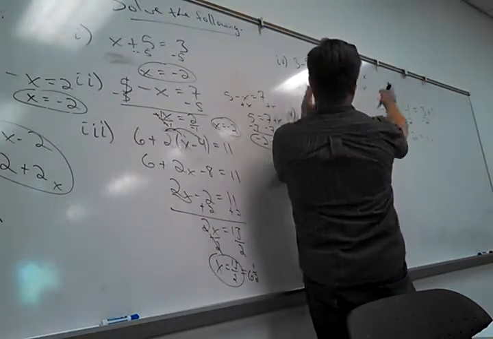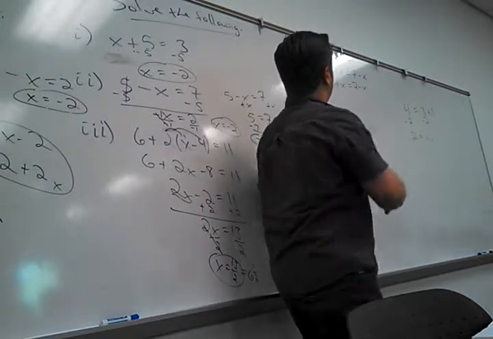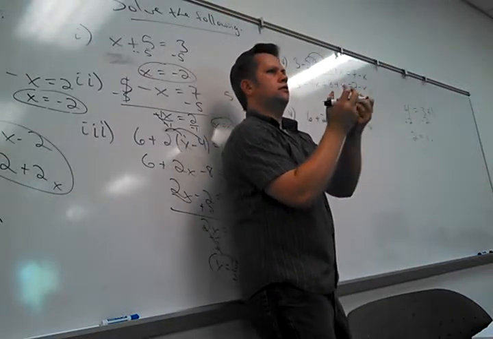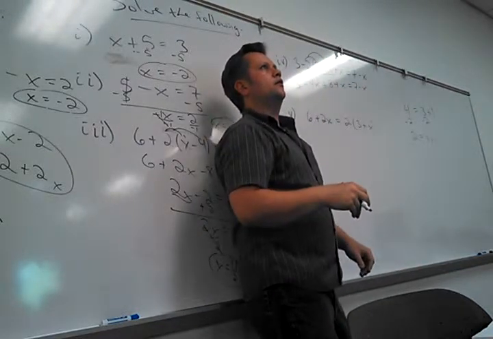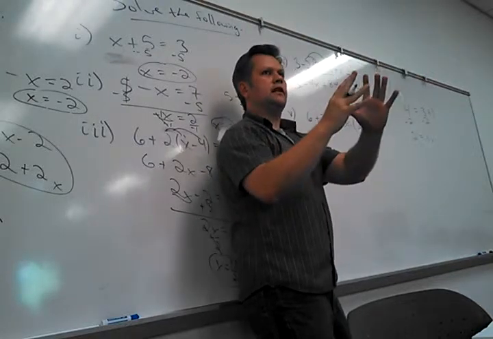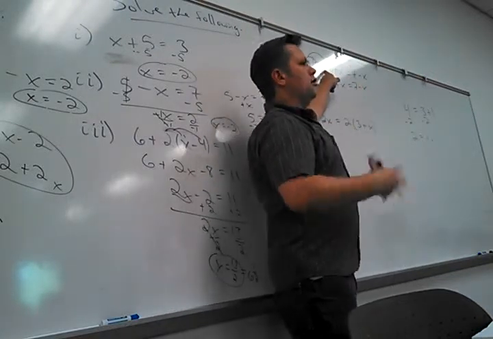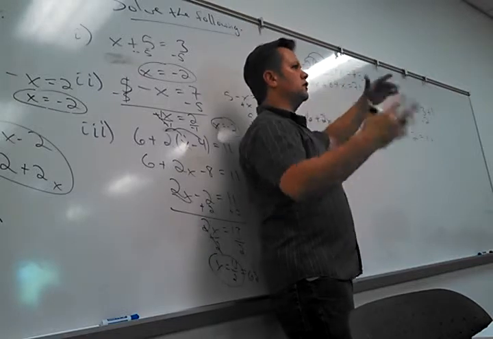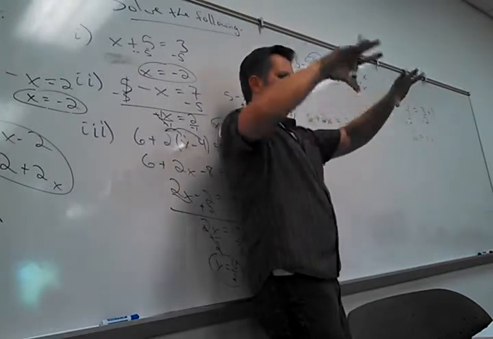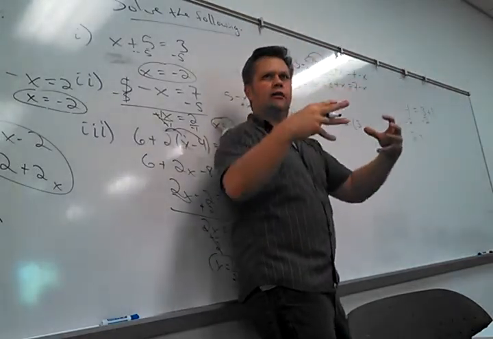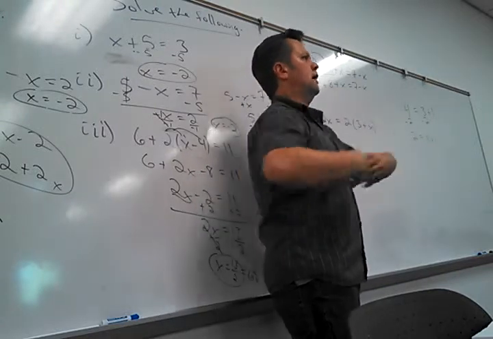So which side can I do stuff with? We have a goal. We want to get x by itself. If I have a lot going on in my equation, my first couple steps are going to be freeing stuff up and getting stuff together. I can't even start working directly towards my goal yet.